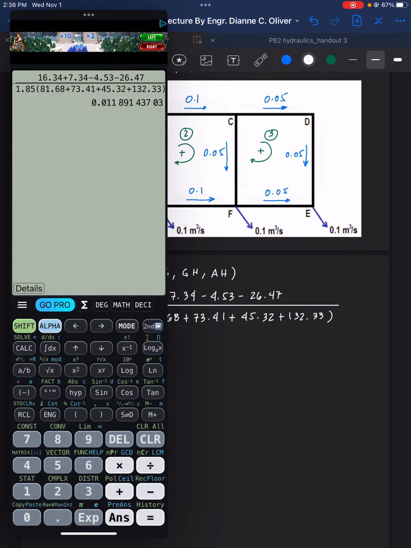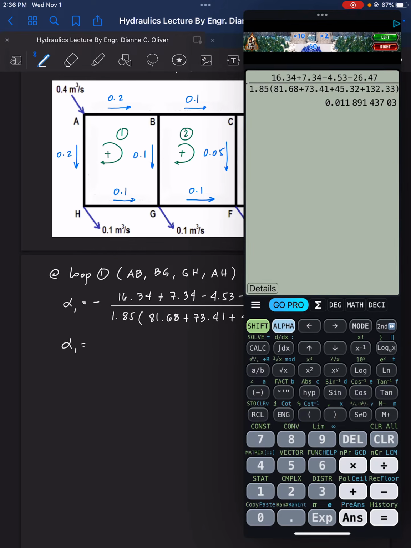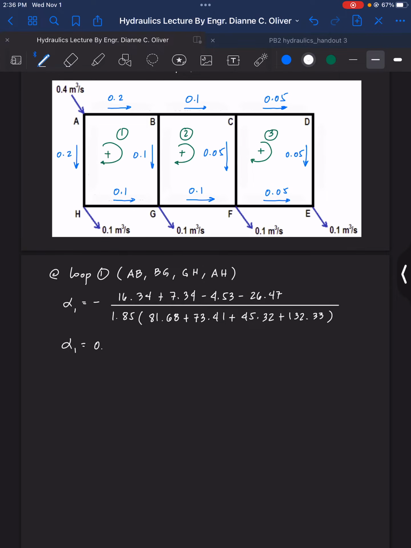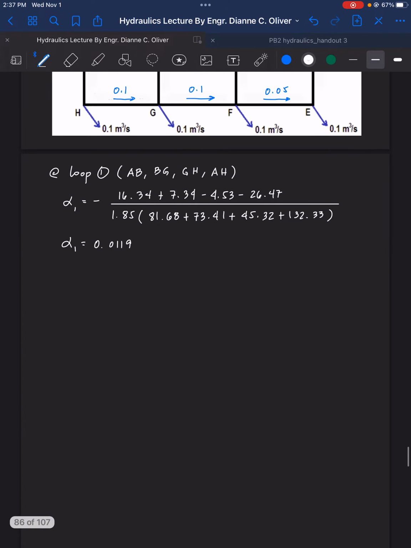That is equal to 0.0119. That's the first correction at loop 1.